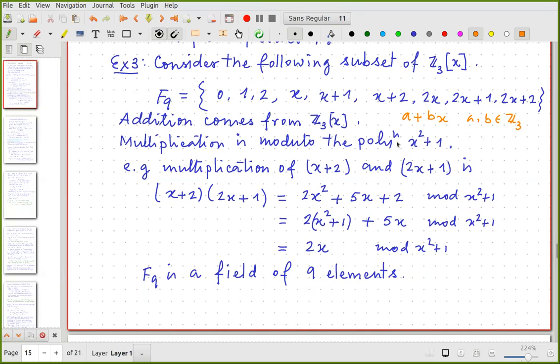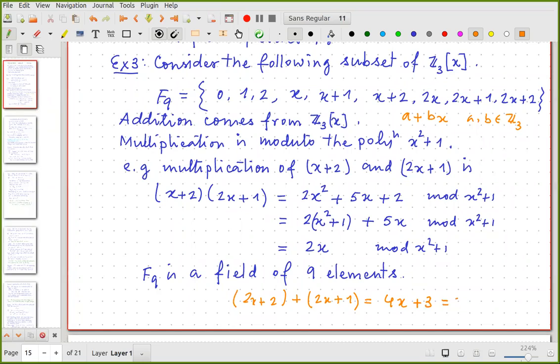So that's the set, and we define addition as just addition of polynomials. You can simply add and then read the coefficients modulo 3. For example, if you add 2x plus 2 and 2x plus 1, then simple addition would give you 4x plus 3, and you are reading modulo 3.